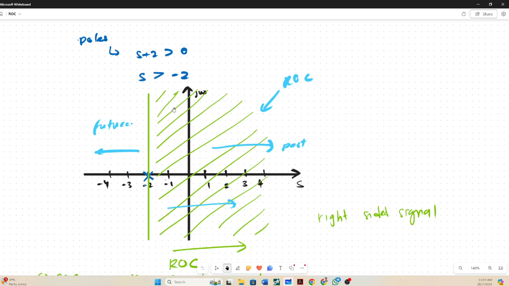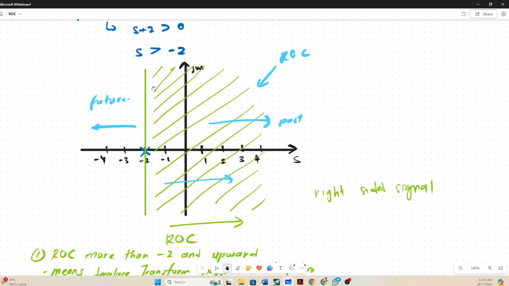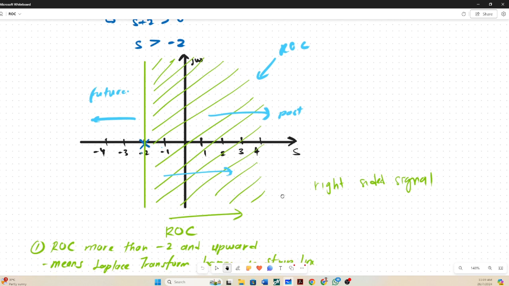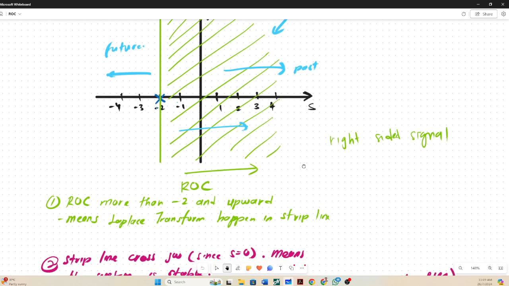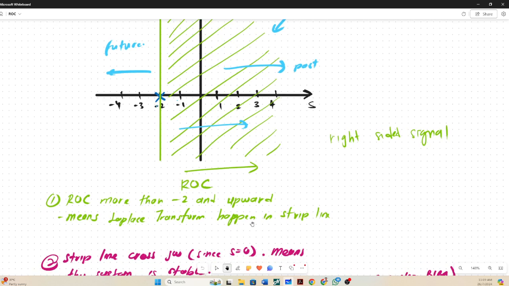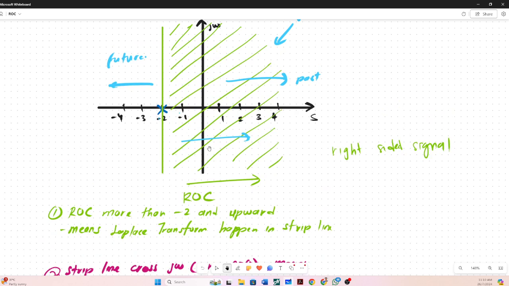We shade the right side until infinity, and from this graph we can consider whether the system is causal or stable. As I mentioned, we shaded the area more than minus 2 to the right side, and it will touch the imaginary axis.